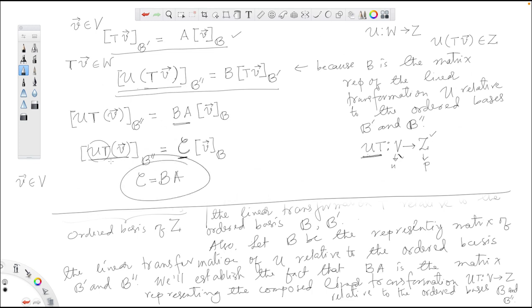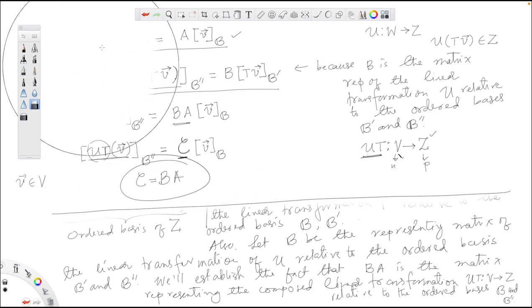Good. So we summarize all these things formally by means of a theorem.